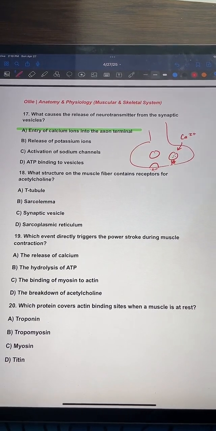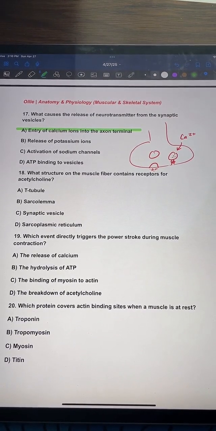Number 18, what structure on the muscle fiber contains receptors for acetylcholine? We were talking about this a little bit earlier with the motor end plate. What is the motor end plate on, per se?